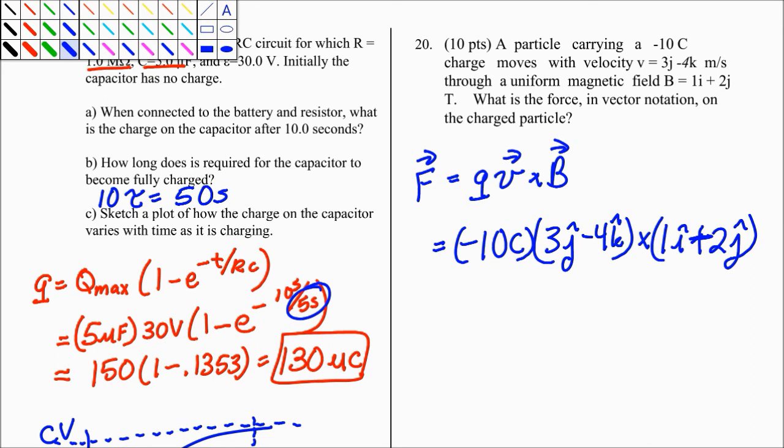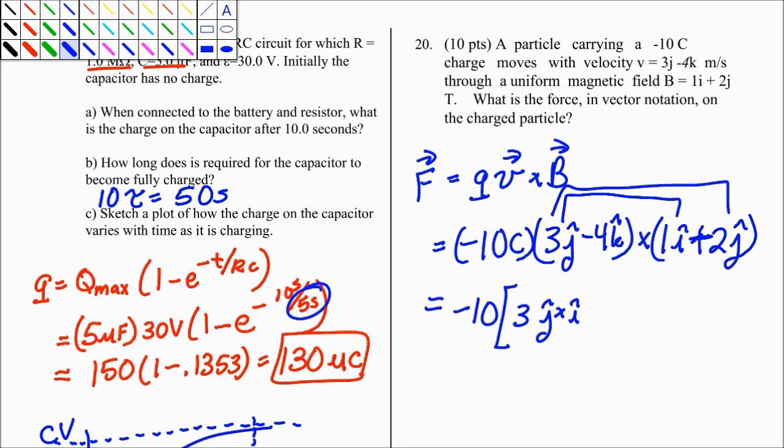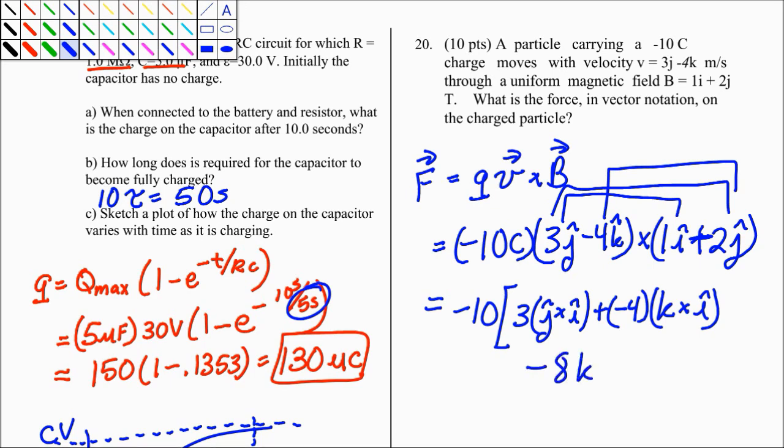Notice that I have to get it in the right order there, so I have negative 10 times, I'm going to do FOIL here, 3J cross I. Outer is 6J cross J, but I'm going to leave that out because J cross J is equal to 0. Inner is negative 4 K cross I. And then the last one is negative 8 K cross J.